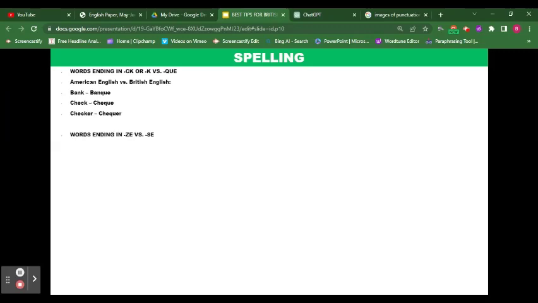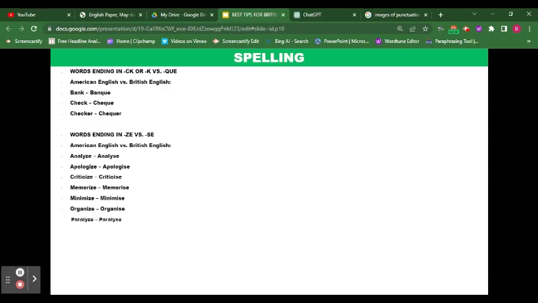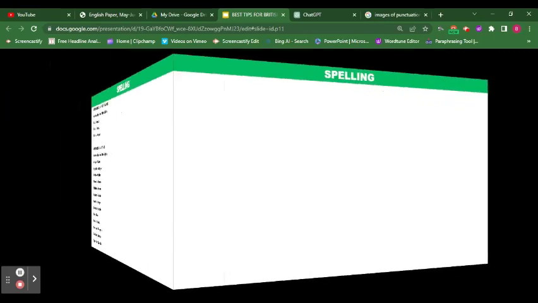Then words ending in ZE versus SE, American English ZE, British English SE. Examples: analyze, apologize, criticize, memorize, minimize, organize, paralyze, patronize, prize, realize, recognize, socialize, specialize.